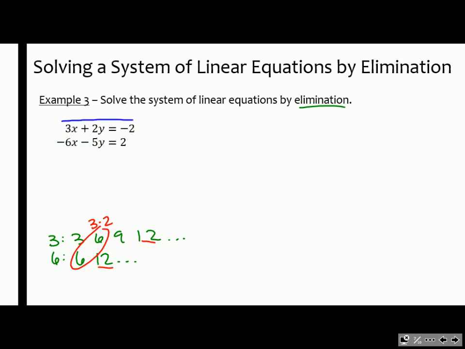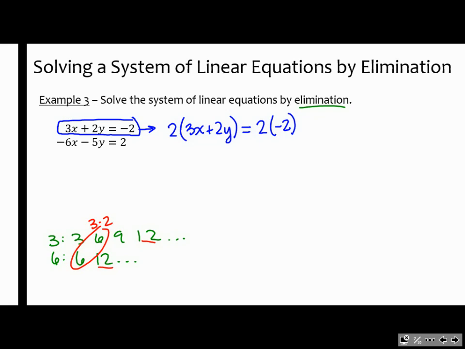So let me rewrite this expression. We're going to multiply the whole entire thing by 2. In order to do that correctly without losing the value and to keep it proportional, the left side gets multiplied by 2. And anything I do to one side of an equation, I have to equally do to the other side of the equation.